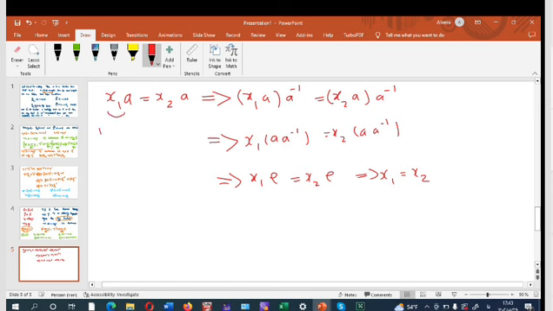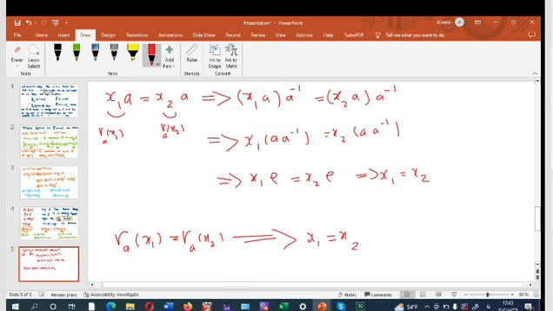Because we know that this is Ra of x1 and this is Ra of x2, we prove that if we have this equality, then x1 must be equal to x2, and this shows that Ra is one-to-one, okay?